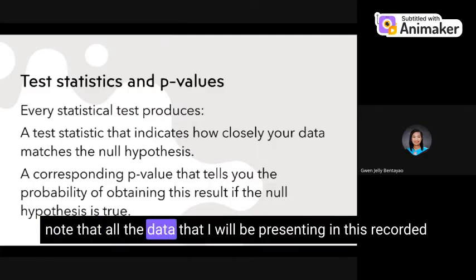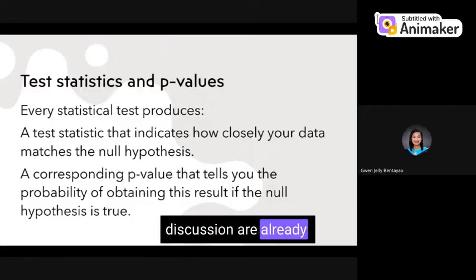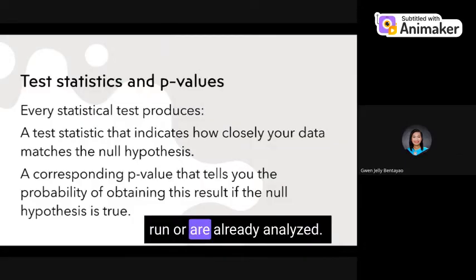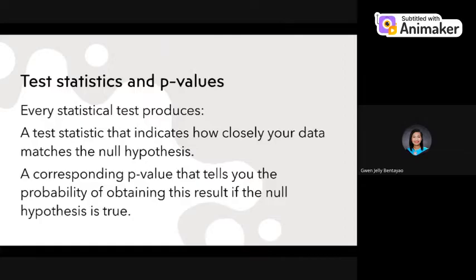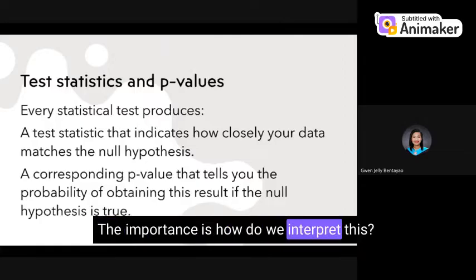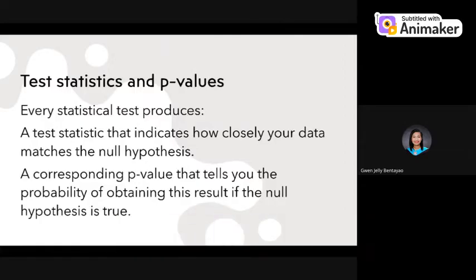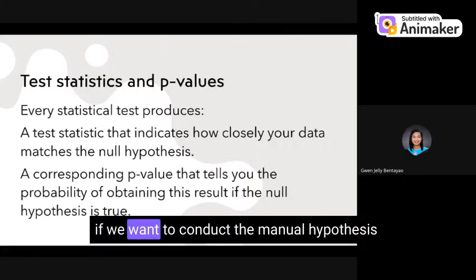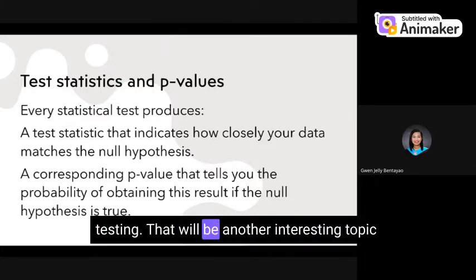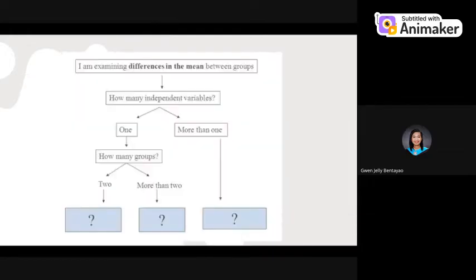Note that all the data that I will be presenting in this recorded discussion are already run or already analyzed. The importance is how we interpret this. If we want to conduct the manual hypothesis testing, that would be another interesting topic for another video.